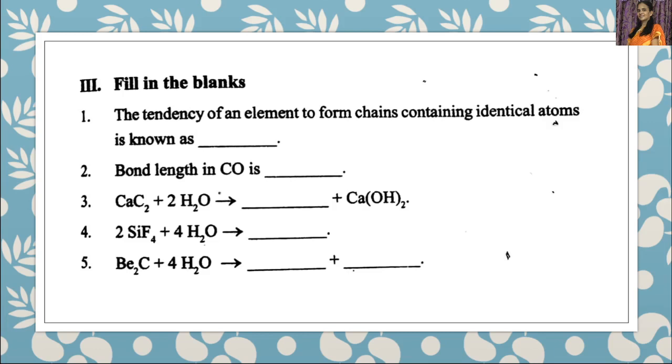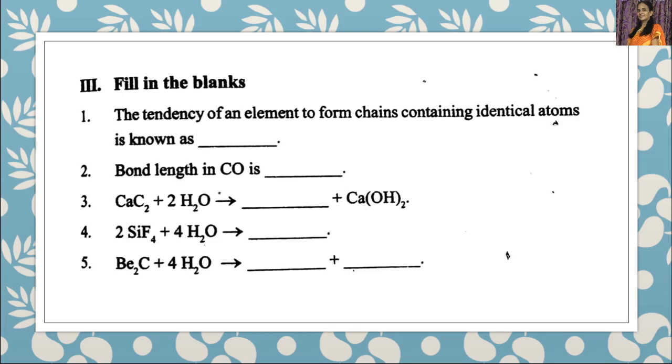So the answer is catenation. Next one is bond length in carbon monoxide. The bond length is 113 picometers. Next one is calcium carbide. When it undergoes hydrolysis, the product obtained is calcium hydroxide plus acetylene. This is an acetylide. Therefore, acetylene is the answer.